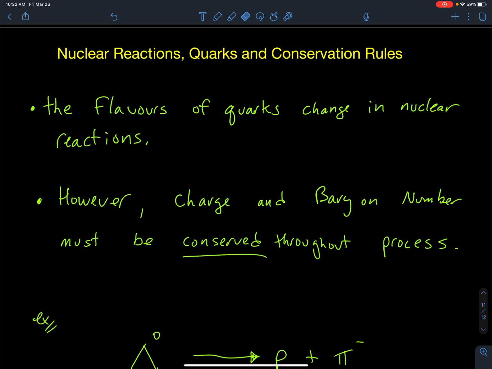They exchange an exchange particle and cause a switch. However, when a switch in flavor happens, it has to obey some rules. The switch can only happen if charge and baryon number are conserved throughout the process. That means before the reaction, everything that comes in has to have their charge and baryon number stay the same at the end with whatever is changed.